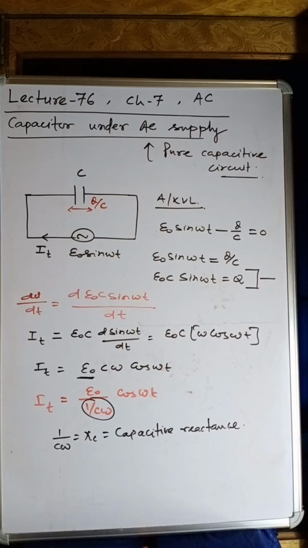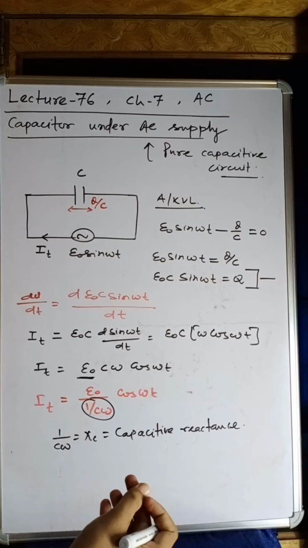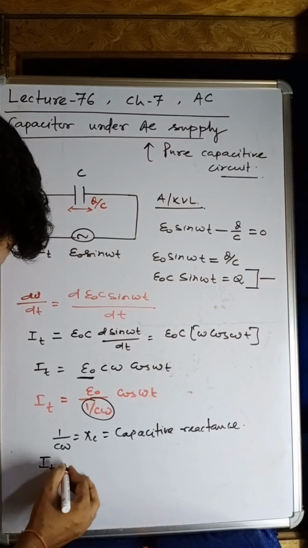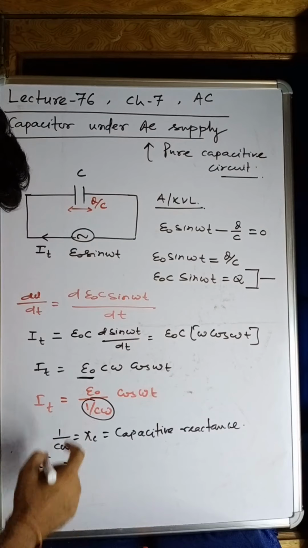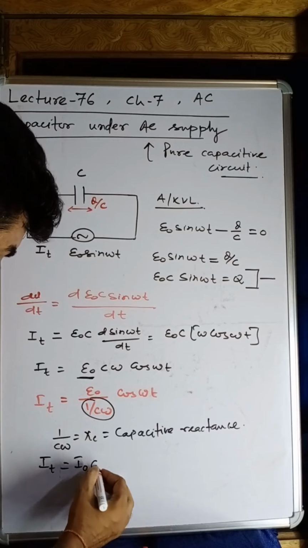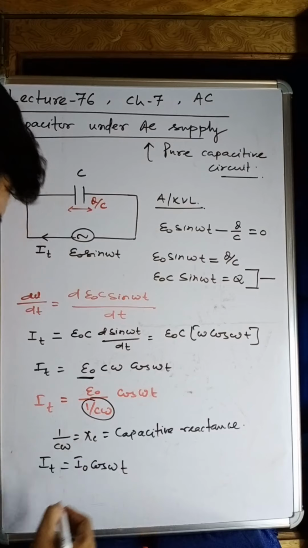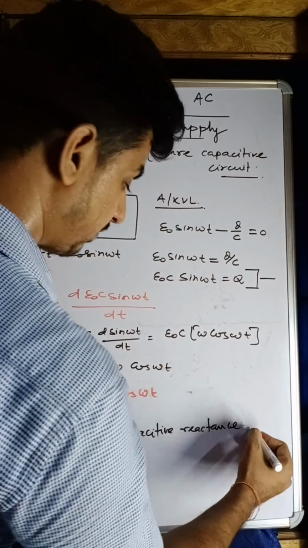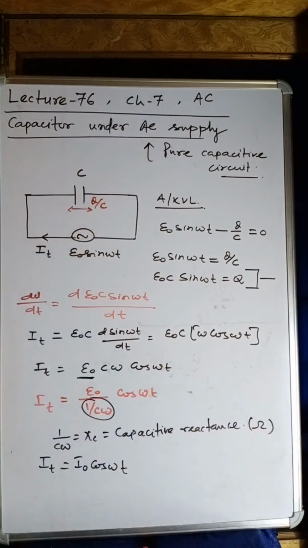Its value is 1 by C omega, where omega is 2 pi f. Understand? Yes. Then the current is I naught cos omega t. Remember, this capacitive reactance will also have the same unit as resistance.